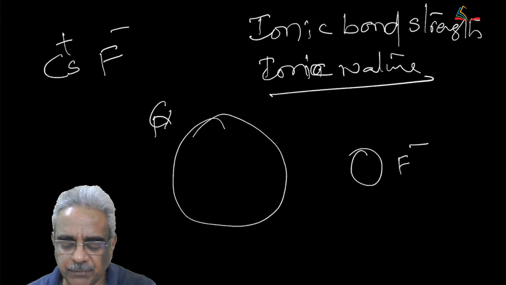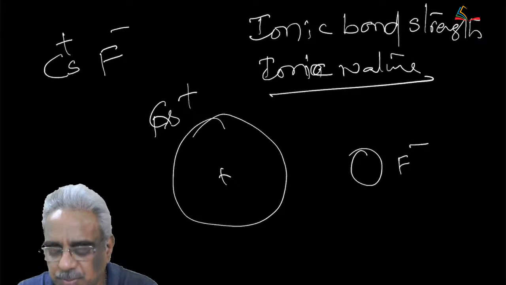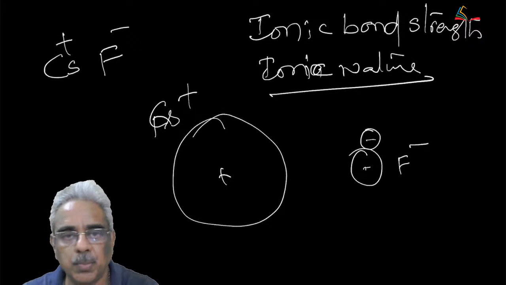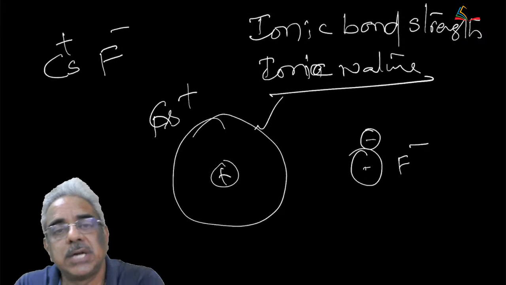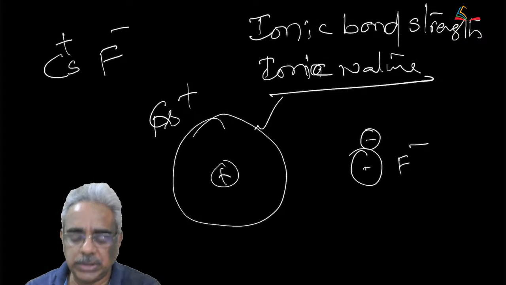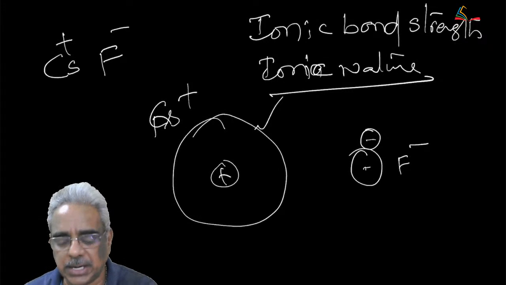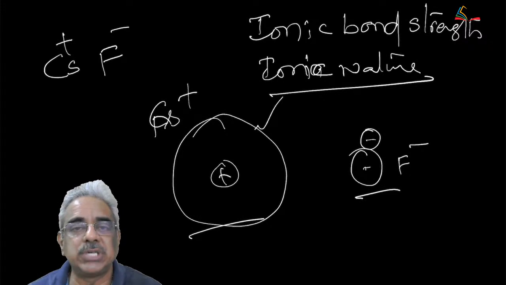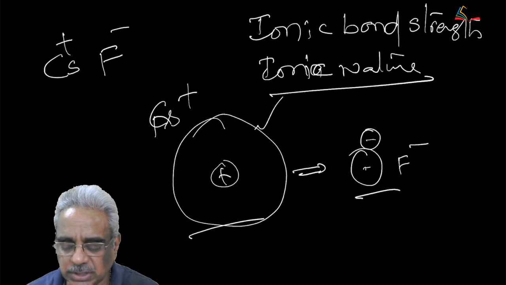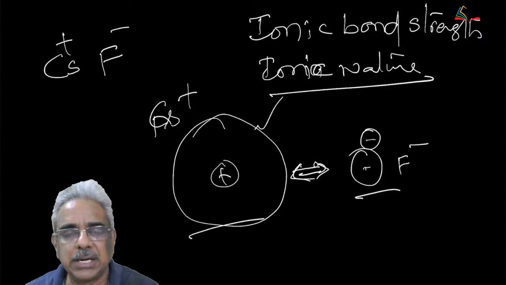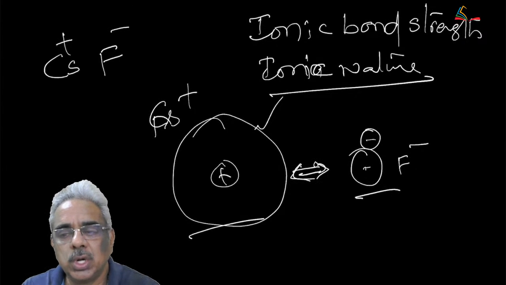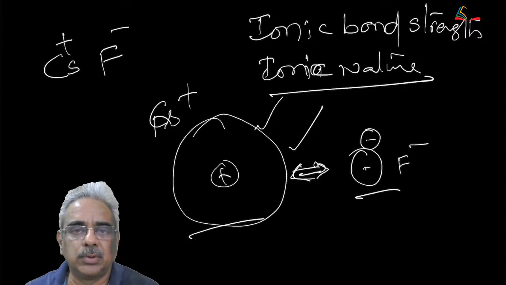So there can never be polarization taking place here, because a small anion will not let the charge move out, and a big cation will not attract the charge at all. The charges will be static and the force of attraction will be more electrostatic in nature. So this is a very good ionic compound.